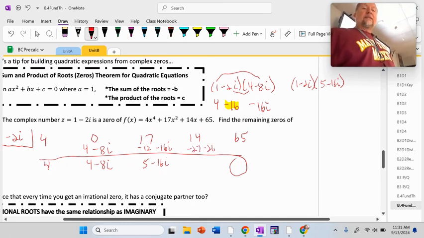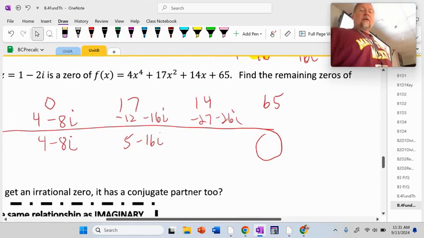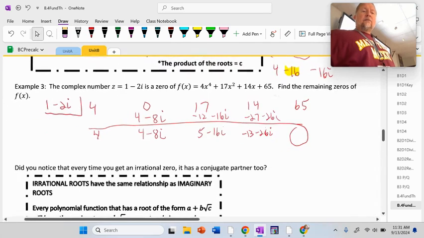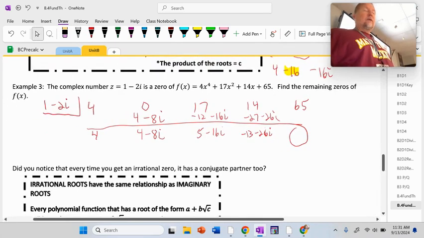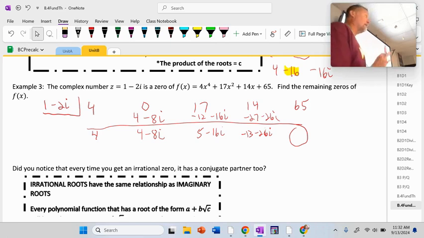Oops, sorry. I'm being lazy there. Is that negative 13 minus 26i? Let me see what we had there. Yes, this is good. You agree with that?